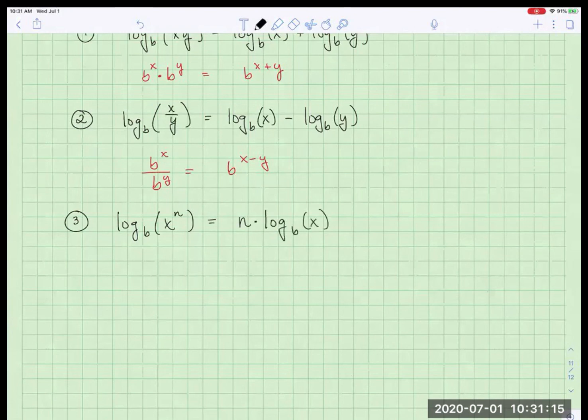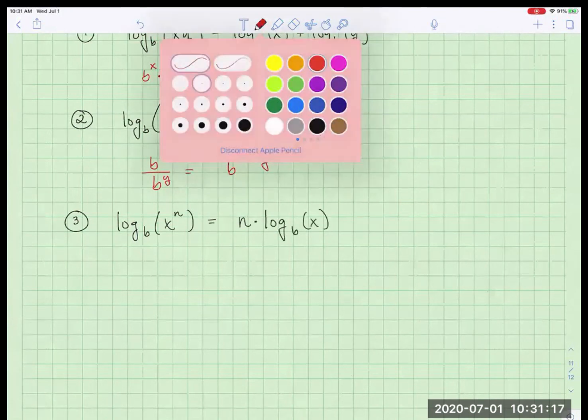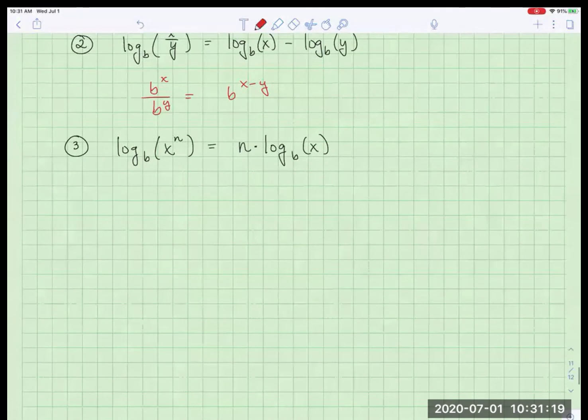And there's a couple of different ways to explain this one. First of all, this is analogous to the power rule that says if we raise b to the x to the n power, we get b to the x times n, where we multiply the exponents. But the other way to look at this is just rule 1 again.